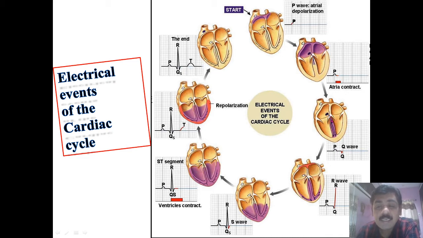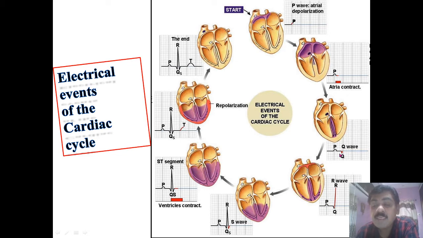After auricular depolarization, what happens? The waves of the contraction move towards the AV node, and from the AV node it goes to the bundle of His and Purkinje fibers. This is during the Q wave.